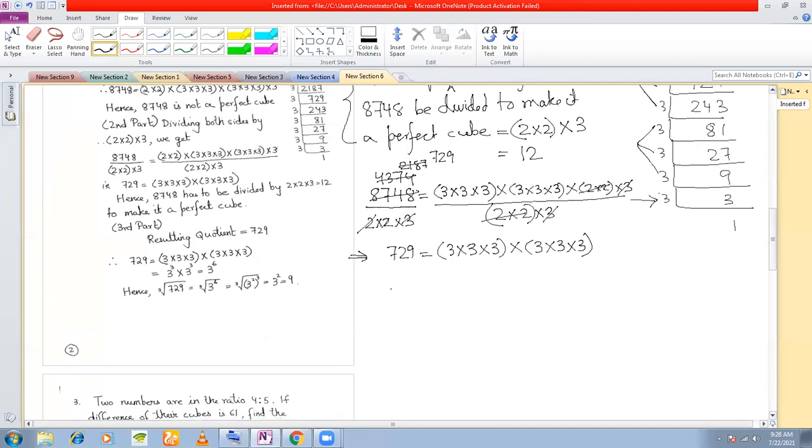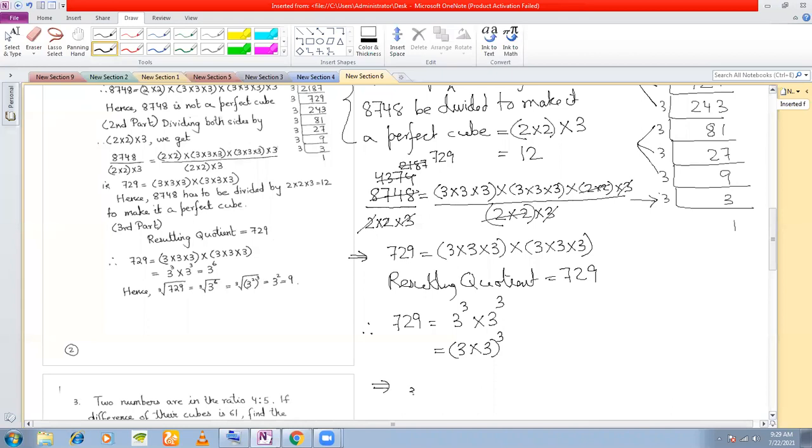Okay. So what is the resulting quotient? Resulting quotient is 729, isn't it? Therefore, 729 is equal to 3 cube into 3 cube, which is equal to 3 into 3 whole cube.